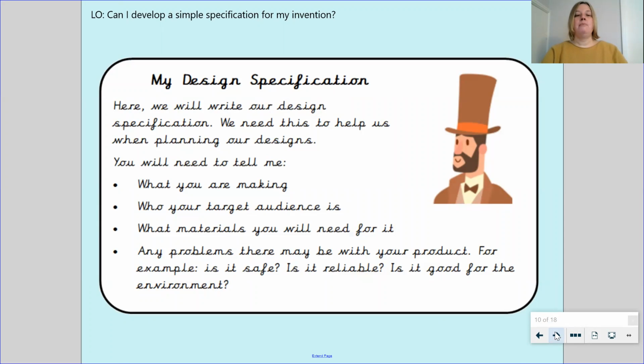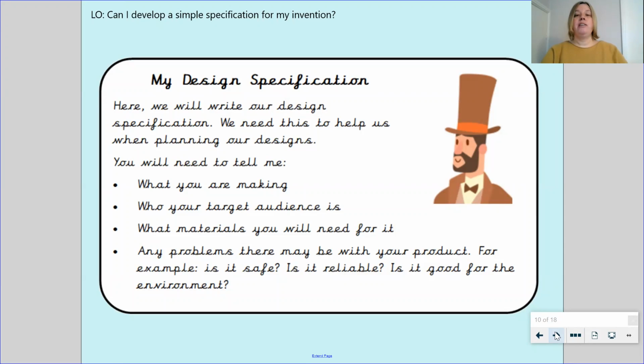You will need to tell me what you are making, who your target audience is, so who you are making the product for, what materials you will need for it, and any problems there may be with your product. For example, is it safe? Is it reliable?